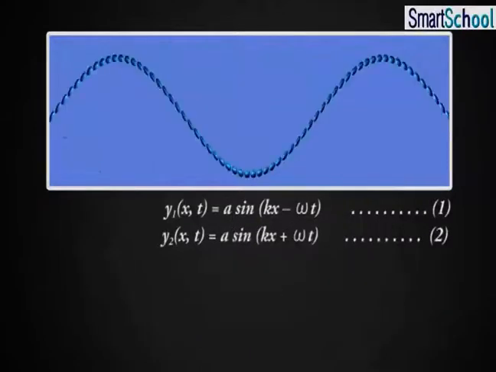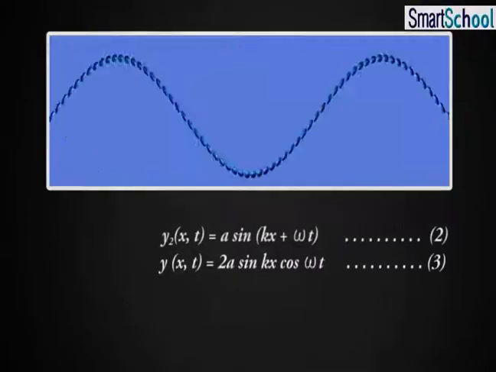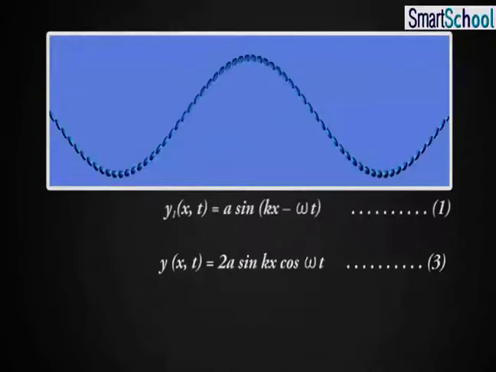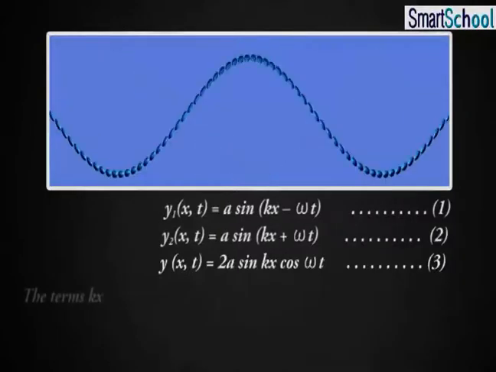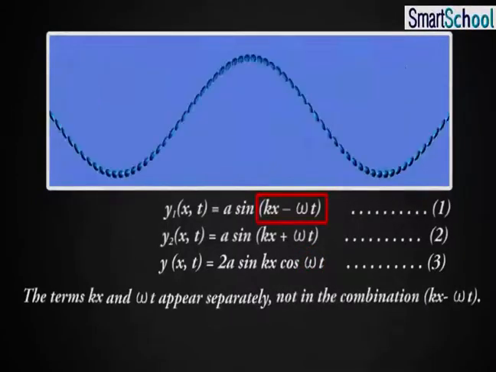Here we note an important difference in the wave pattern described by equation 3 from that described by equation 1 or equation 2. The terms kx and ωt appear separately, not in the combination kx - ωt.